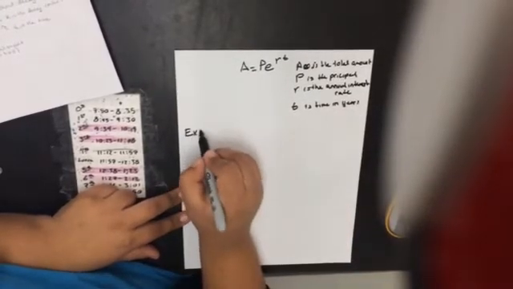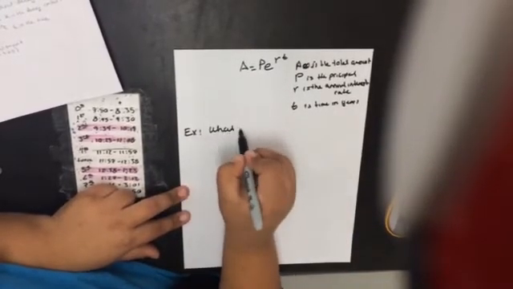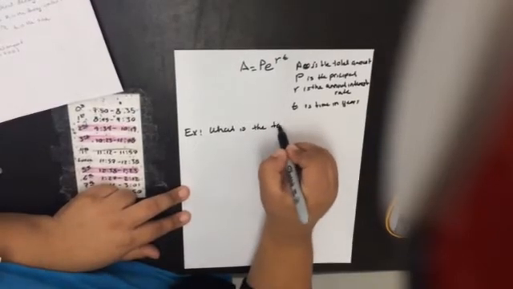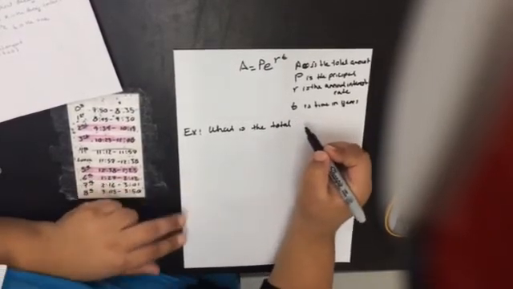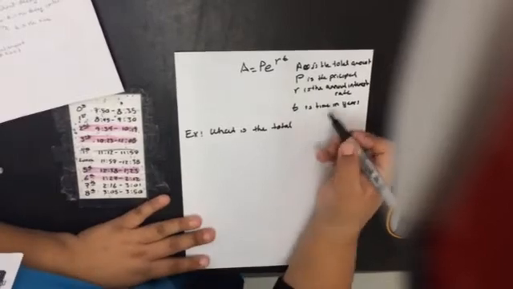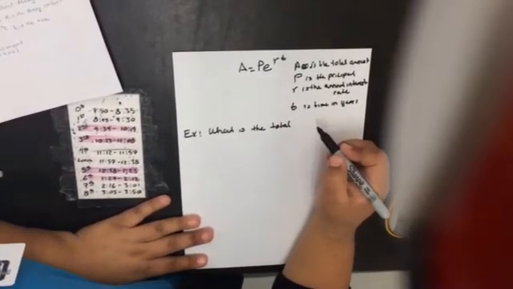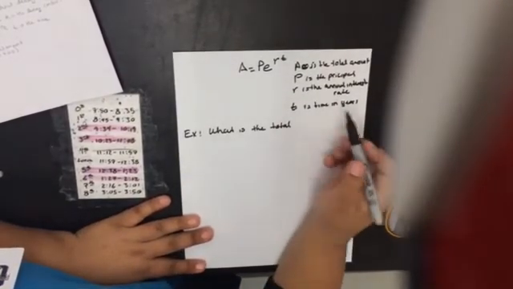So let's do an example. What is the total amount of an investment of 1,000 invested at 5% for 10 years, compounded continuously?